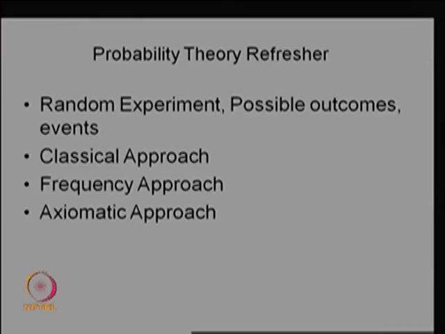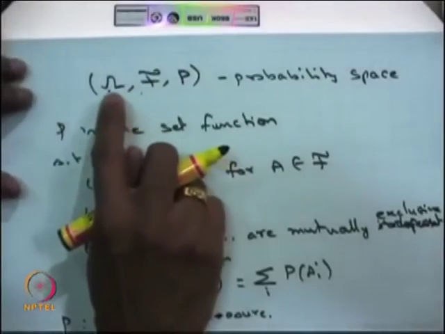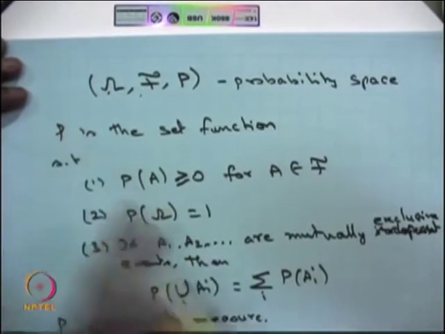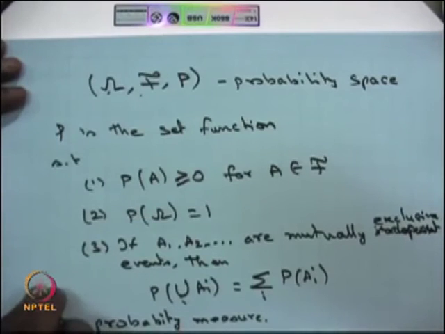There are many definitions in probability theory, the classical approach or the frequency approach, and what we have given is the axiomatic approach. The way I have given the definition, the probability space with Omega, F and P, is called the axiomatic approach, and we are going to use the axiomatic approach, not the frequency approach or the classical approach.